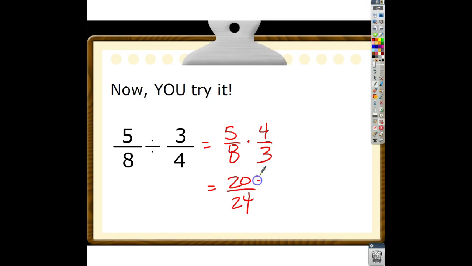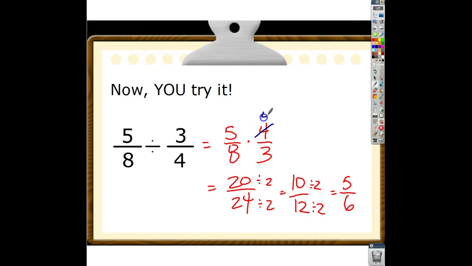Hopefully you see that they're divisible by 4 right away, but let's say you just say they're even. So we divide by 2, and I get 10/12 again. And then I divide both by 2 again, and I end up with 5/6.